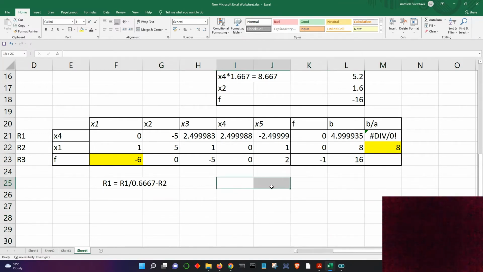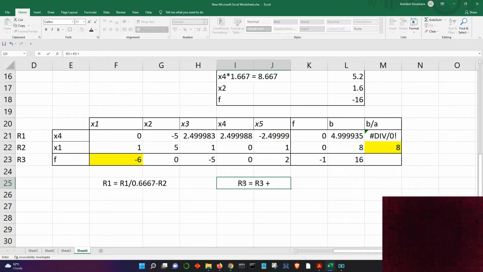Now what about R2? R2 seems to be simple. No, sorry, not R2, R3. Do you want to tell what will be for R3? So okay, let me tell.